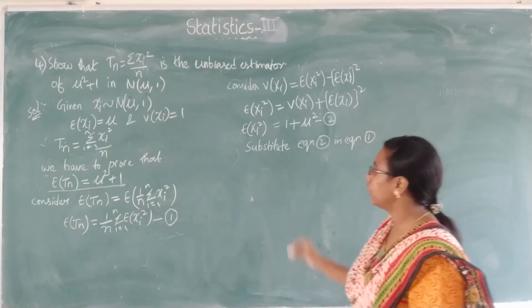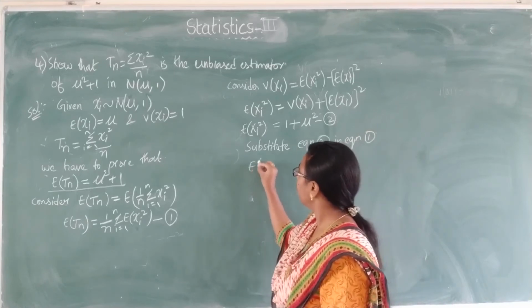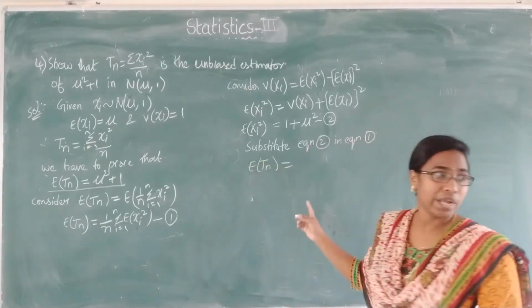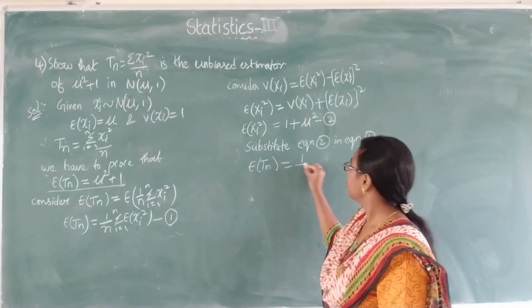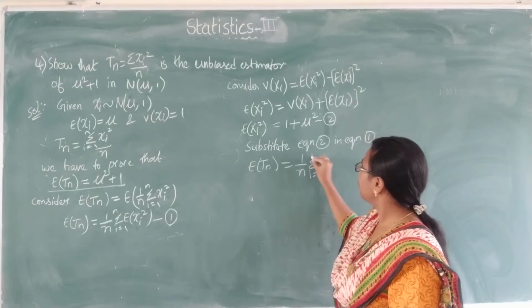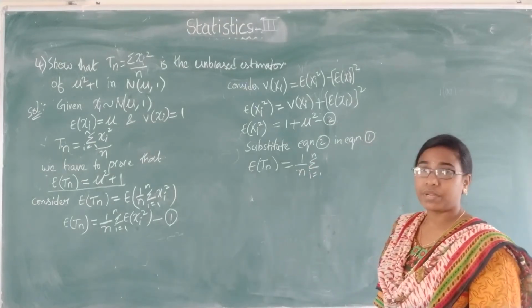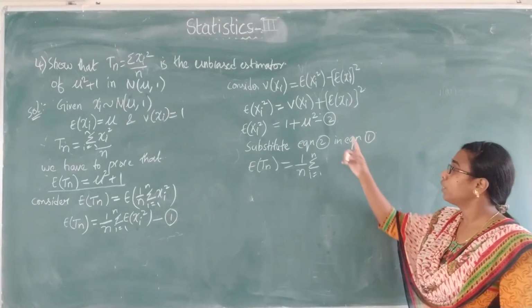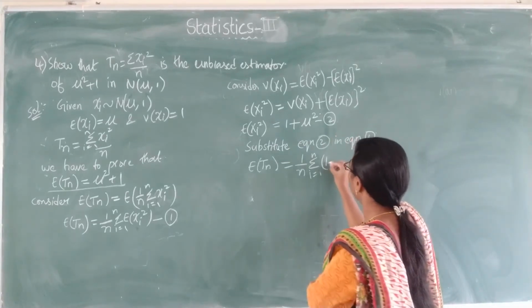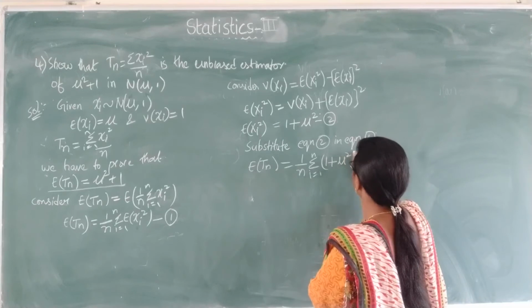So what will you get? Expectation of Tn equals 1 by n summation i equals 1 to n, and expectation of xi square is 1 plus mu square.